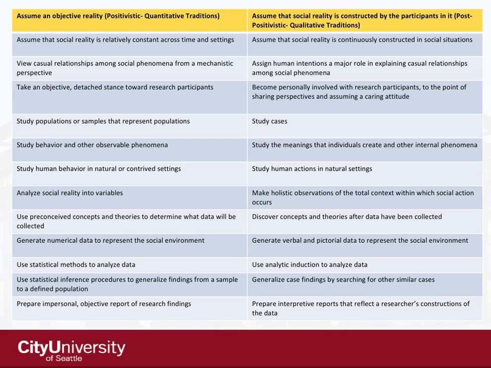Usually, quantitative traditions use statistical inference procedures. They use a sample, whereas the post-positivistic or qualitative traditions generalize their case findings by searching for similar cases. They describe on the left-hand side. They interpret on the right side. So again, just a more philosophical chart that gives you the background of research.